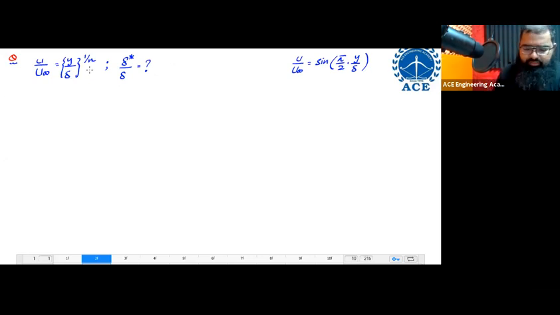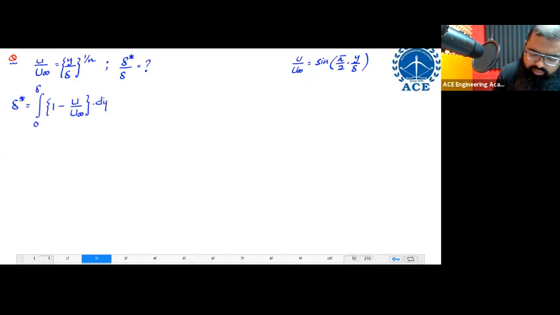Chaliye, let us start this. I'm having u upon u infinity is equal to (y by delta) whole power 1 by n. This is the velocity profile. I want to find out the ratio of delta star to delta. Now, I can say the value of delta star has to be equal to integral 0 to delta of (1 minus u upon u infinity) dy.